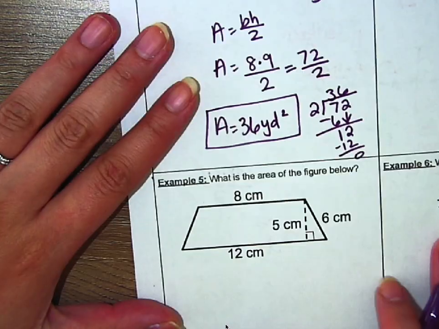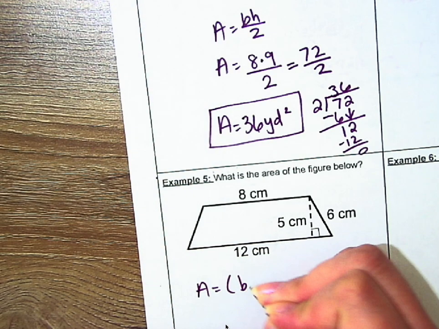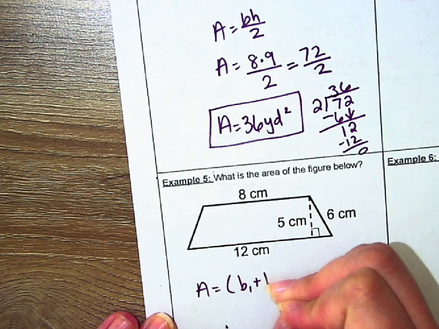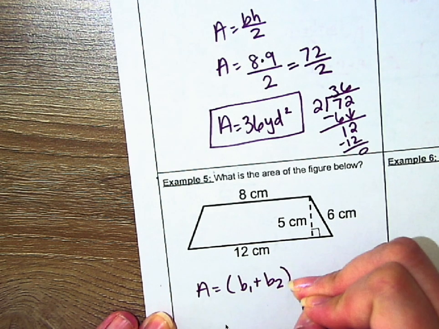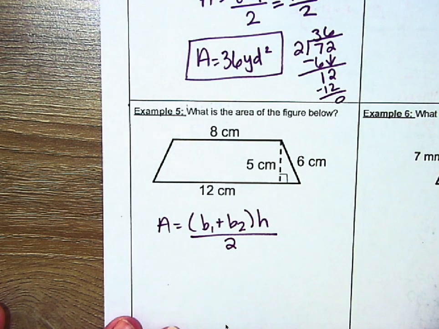So let's go ahead and write our formula. A is equal to base 1 plus base 2, and then you're going to multiply that times your height, and you're going to divide the whole thing by 2. Okay, so I just wrote down my formula.